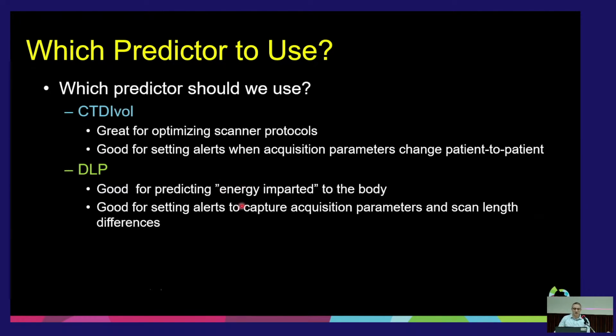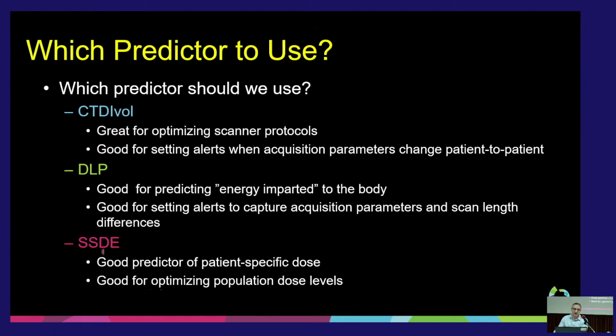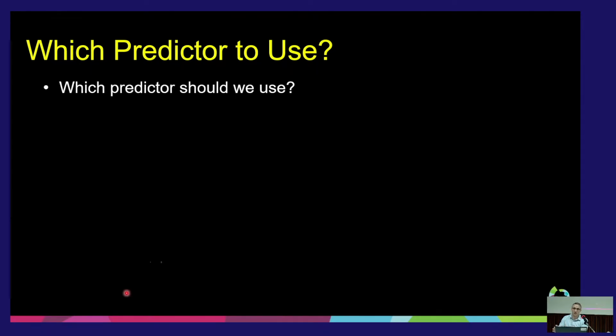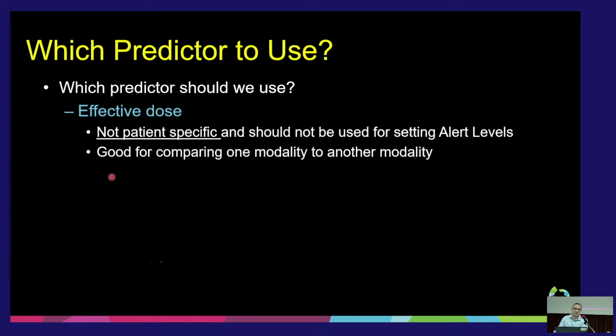So it's really good for a risk assessment of the total energy imparted to the body. And then SSDE, I would make sure all your dose monitoring software can calculate SSDE, because that helps scale CTDI volume for the patient size, and it gives you a better approximation of what the actual patient received dose-wise than just looking at the volume CTDI.